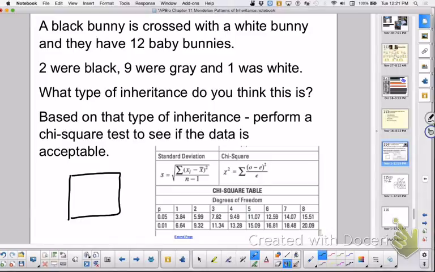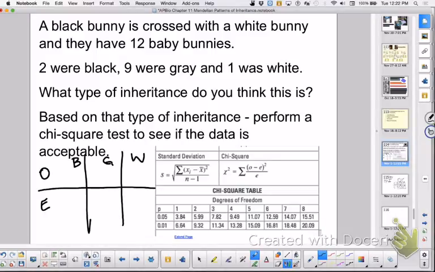So we expected all of them to be gray, and we got 2 black, 9 gray, and 1 white. So remember, our observed minus our expected, right? Black, gray, white. What would you expect for how many black ones you would have? 0. How many gray? 12, because we had 12 options. How many white? 0.